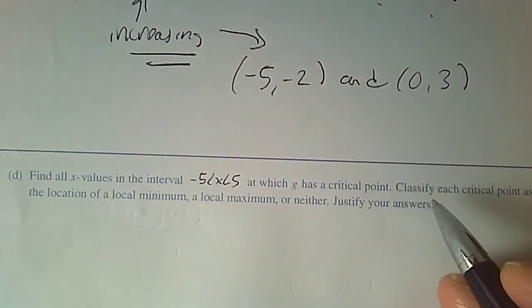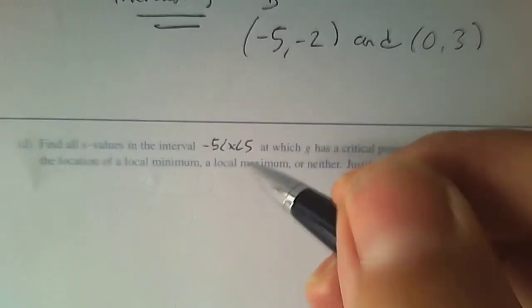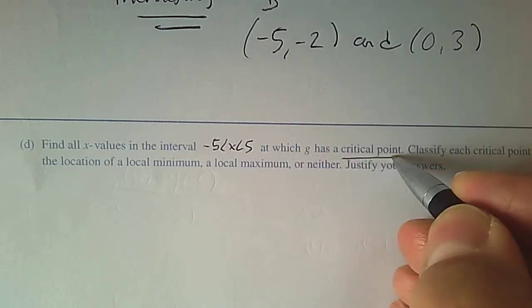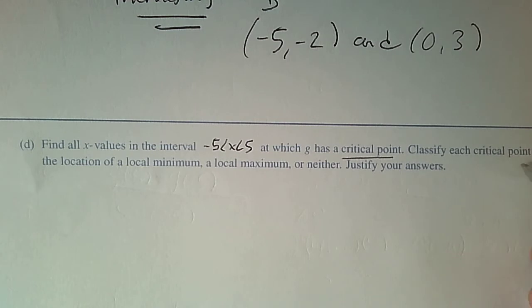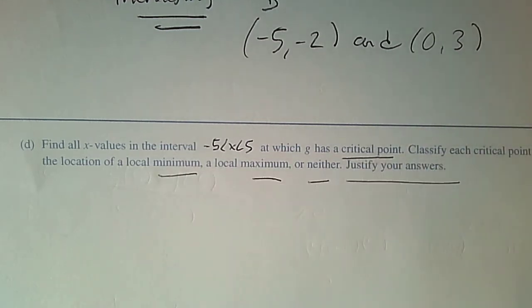Okay, so we go back again. Find all x values in the interval from -5 to 5, at which g has a critical point, and then classify each critical point as a minimum or a maximum or neither and justify your answer.